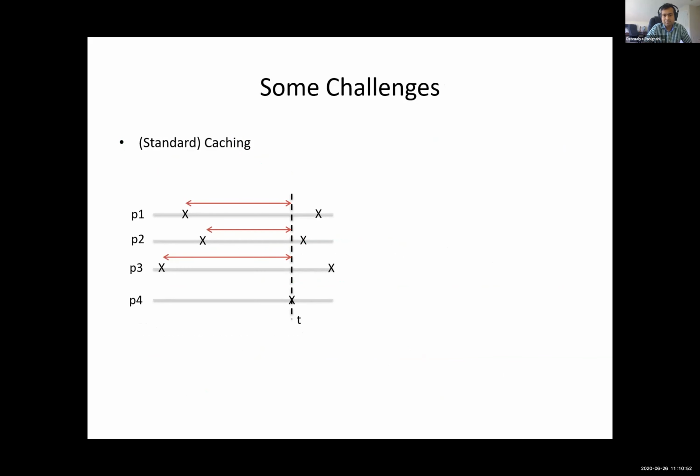Now if I'm at time t and I have a request for page P4, I can look back in time and look at the last request for every other page, form intervals as I have shown, these red intervals, and I can insist that at least n minus k evictions must have happened in these red intervals. And indeed, this is a complete description of the problem. So this allows us to think of standard caching in terms of just recording evictions, and you don't really need to care about page insertions because they happen on demand.